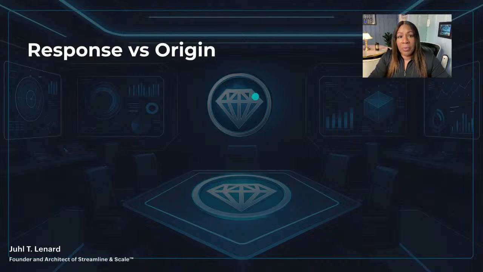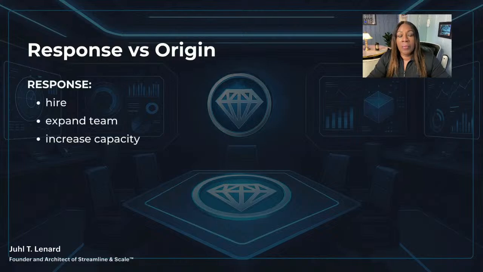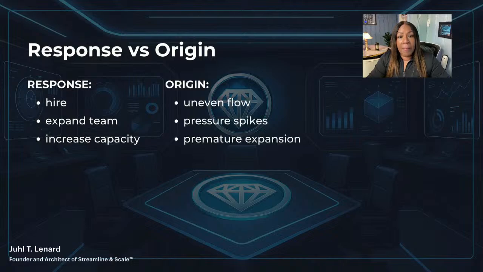So we talk about response versus origin. In other words, what quadrant did you respond in, and where was the actual origin of the constraint? So the response is to hire, expand the team, and increase capacity. But the actual origin of the issue is uneven flow, pressure spikes, and premature expansion.